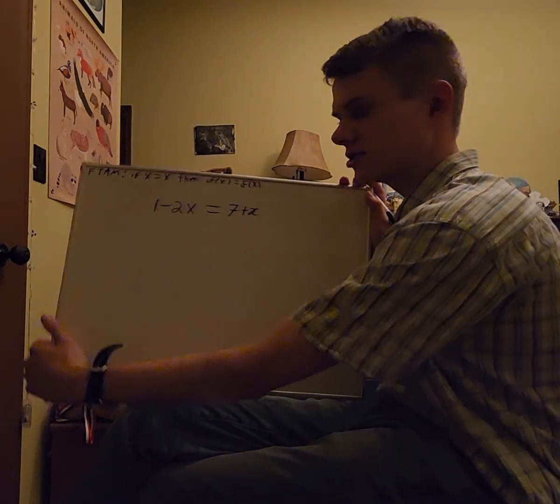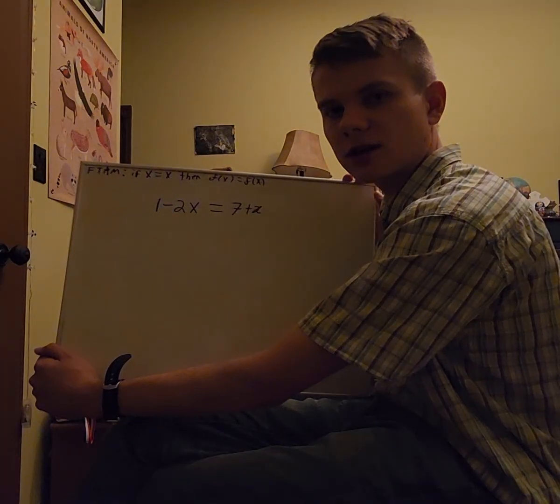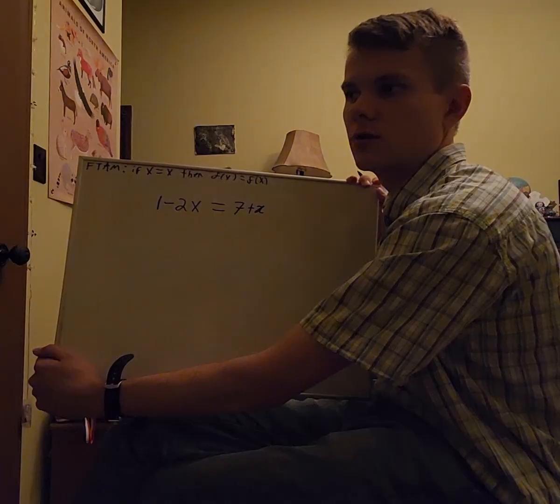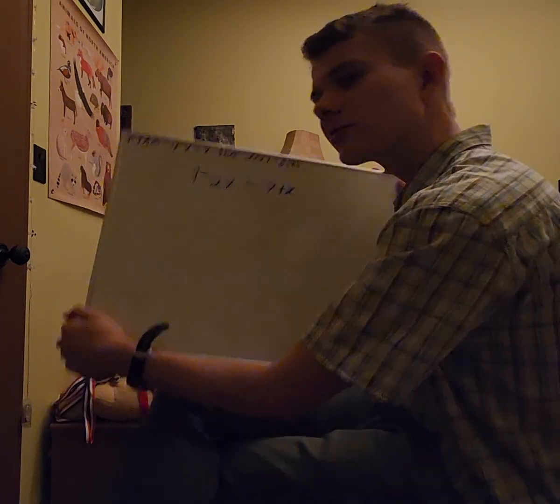Okay, so here's our equation. 1 minus 2x is equal to 7 plus x. So you should pause the video right now, and then in 5, 4, 3, 2, 1, I'm going to give the solution.